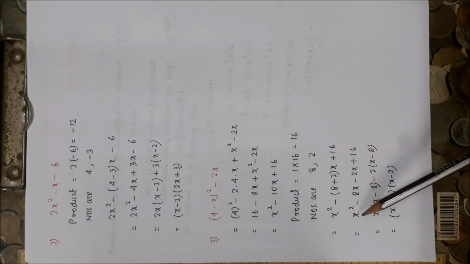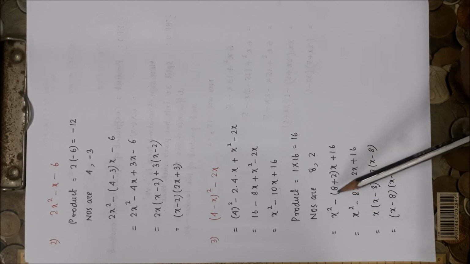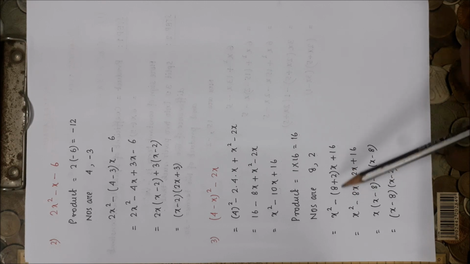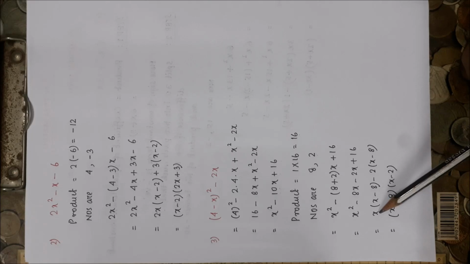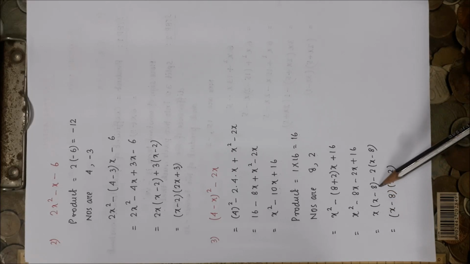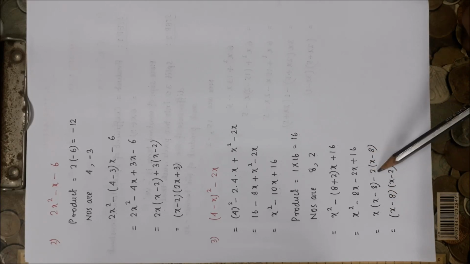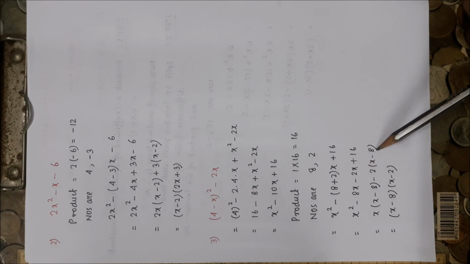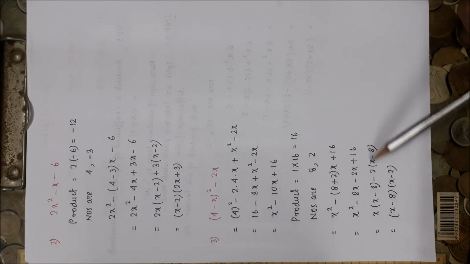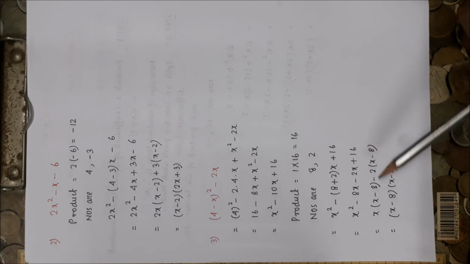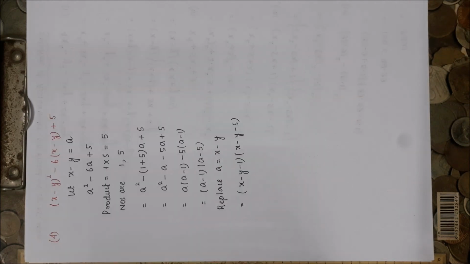Now multiply: x square minus 8x minus 2x plus 16. From the first two terms we can take x common, so you'll get x minus 8. From the last two terms we can take minus 2 common, so you'll get x minus 8. So the factors are x minus 8, we are taking common x minus 8, that will leave x minus 2.